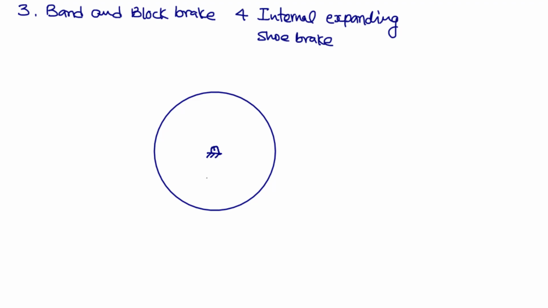The drum rotates clockwise or anti-clockwise. This is the brake drum, and this is the block or shoe brake.